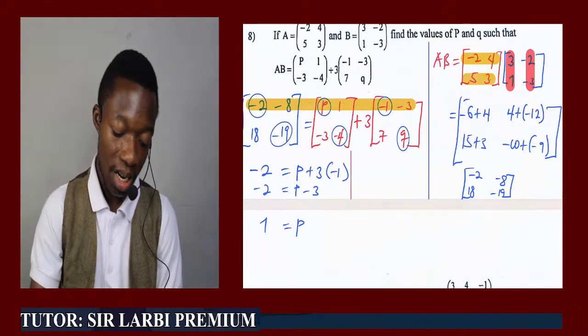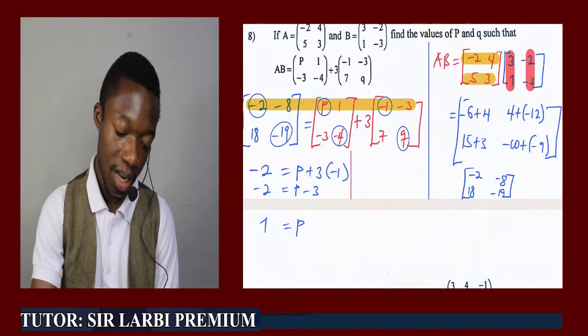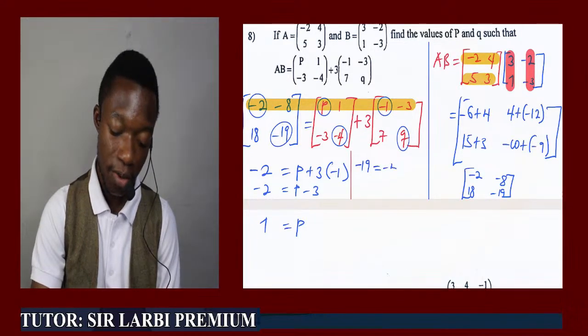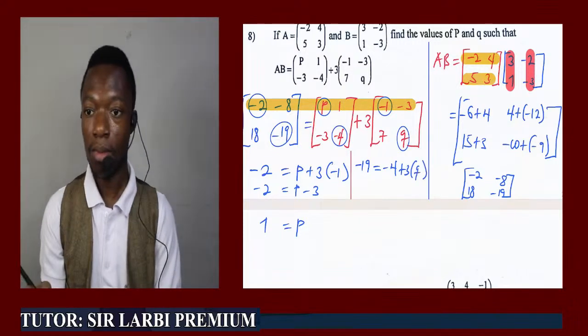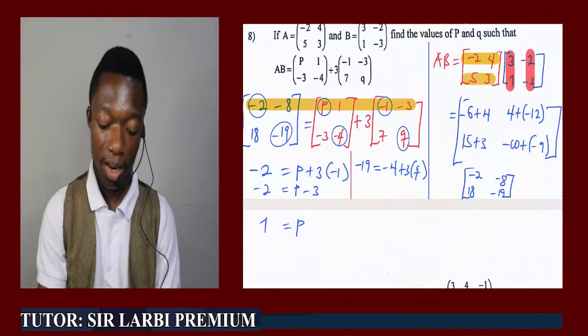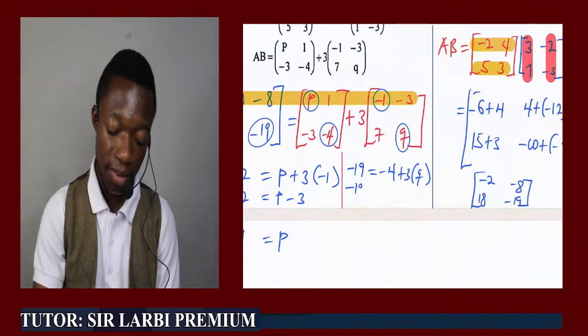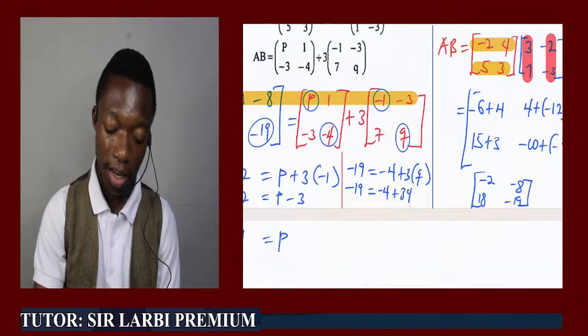So in effect, we're going to say that we have here -19 equal to -4 plus 3 multiplying Q, right? So that means that we will have -19 equal to -4 plus 3q. Okay, 3q.